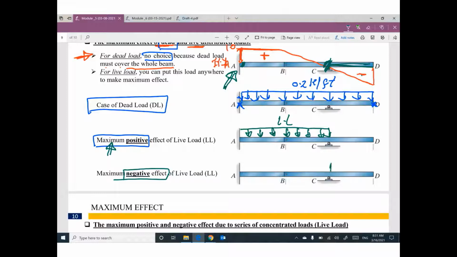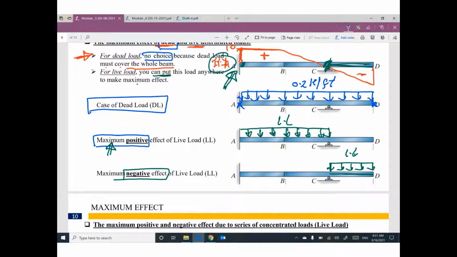Okay, go ahead and put the live load at this location. Believe me, if you have a bridge and you put the live load on this part only, you are going to get the maximum negative effect on reaction YE. So for live load, you can put this load anywhere you like to make the maximum effect.